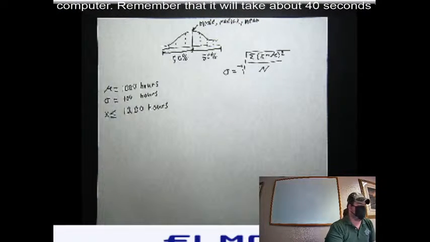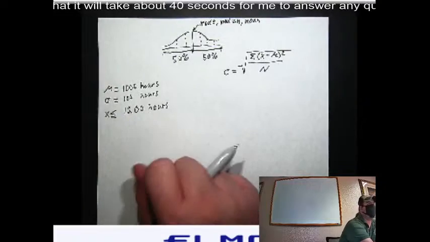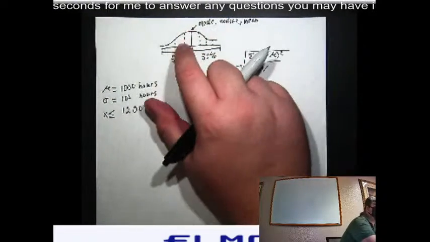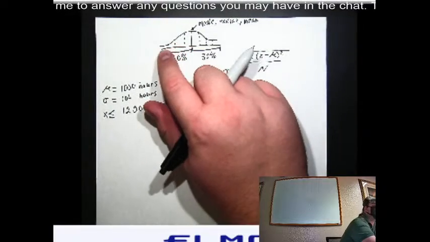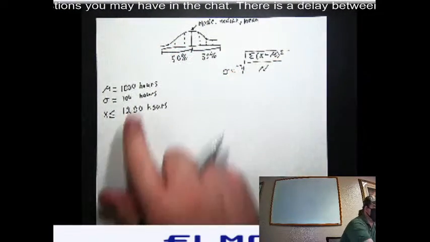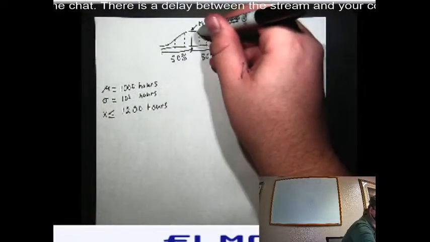So what a z-score does is it looks at a particular point in our data, in this case 1,200, and that z-score calculates the area behind that data point. So in this case, 1,200, that's going to be somewhere around here.